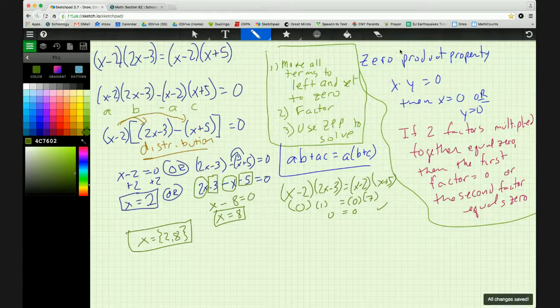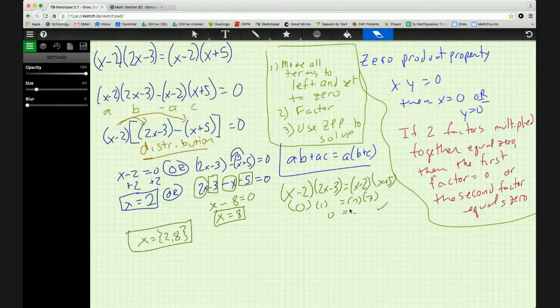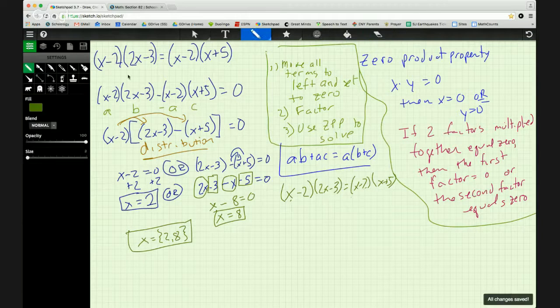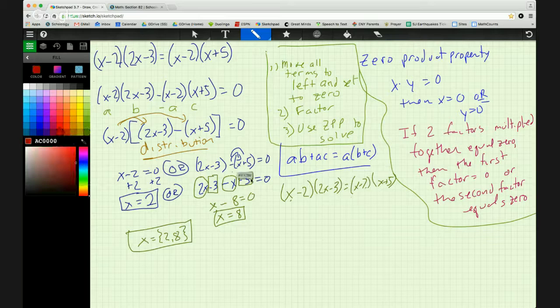Check. So that works. And our other check is to say that, well, if 8 minus 2 is 6.